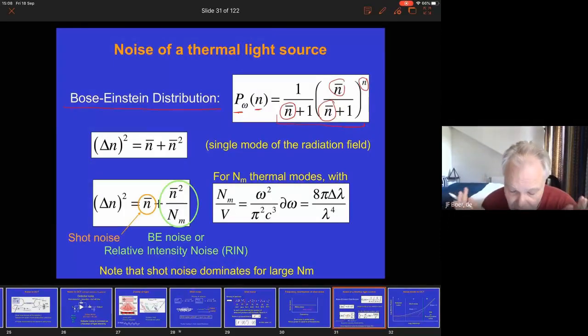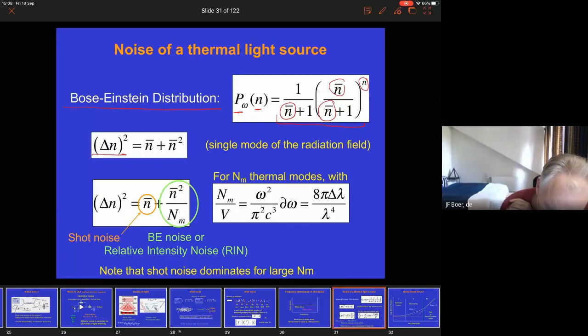If we have a full probability distribution, you can also calculate the noise. So I can calculate now what is my delta n, what is the variance on that stream of photons. And interestingly enough, it turns out that there are two terms. There's one term that is proportional to the mean of the number of photons, and there's a second term that's proportional to the mean squared.